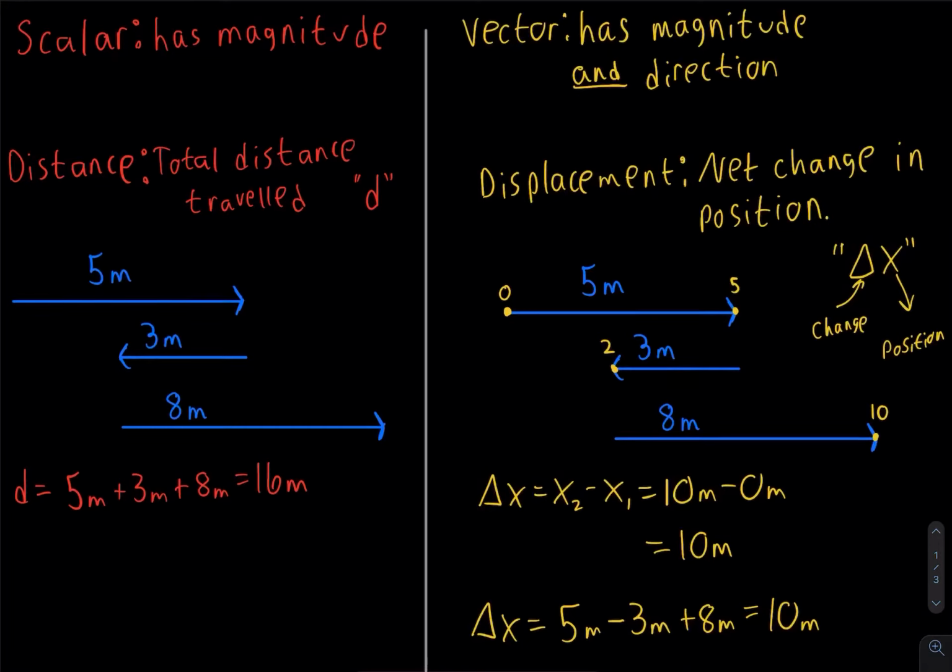Alright, so picking up where we left off in the last video with scalars, vectors, distance, and displacement, we're going to talk about a new scalar and a new vector, and those are going to be average speed and average velocity. So we'll go down here. Average speed is something we're kind of familiar with in day-to-day life outside of a physical sense.